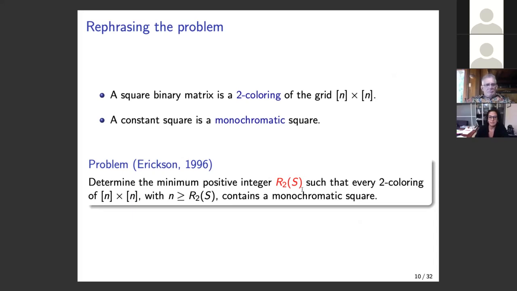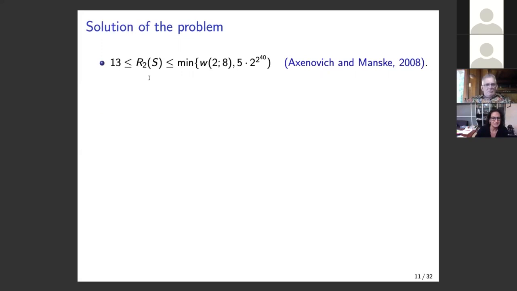And in Ramsey theory, determining those parameters precisely is very hard in most problems. So I will tell you the story about this parameter, the solution of the problem, because now we know the precise value of this parameter.